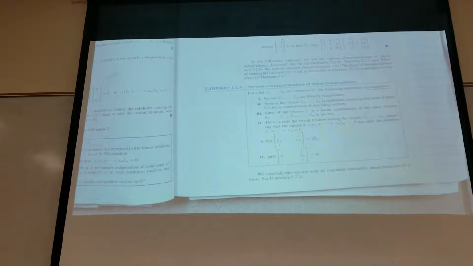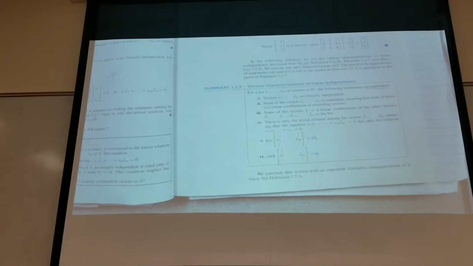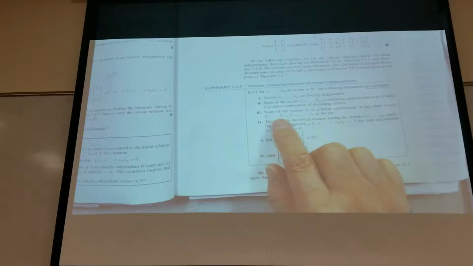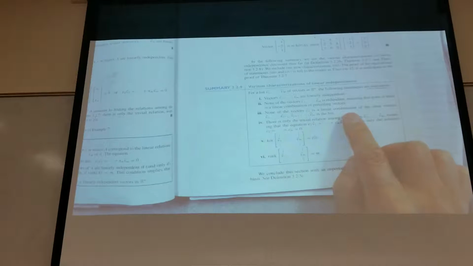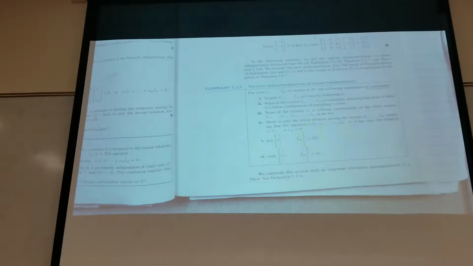But here in this third statement, it says none of the vectors Vi is a linear combination of the other ones, so including the preceding ones and then the ones that are after, right?